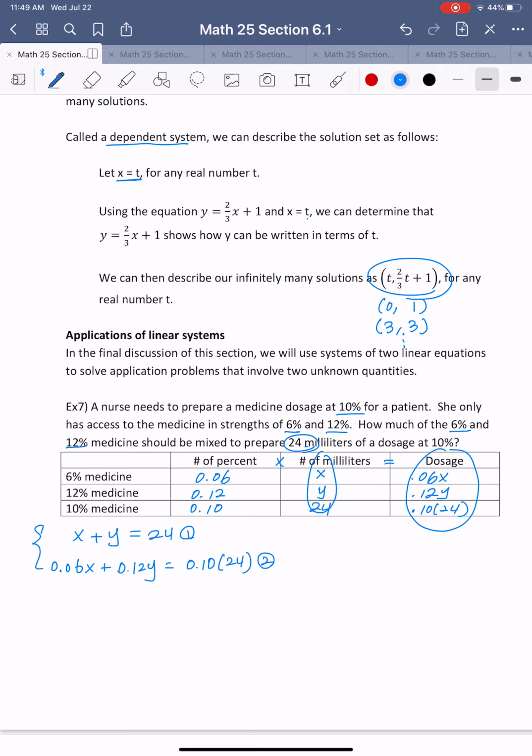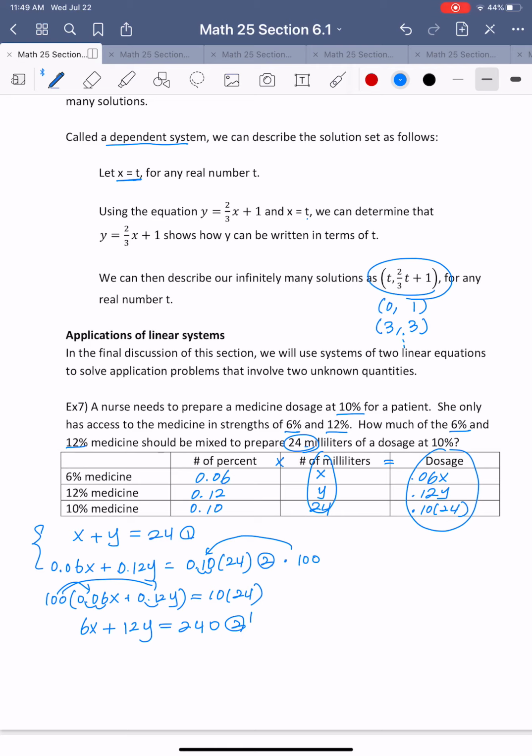And then for equation 2, I'm going to multiply both sides by 100 to get rid of all the decimal places. So 100 times 0.06x plus 0.12y equals 100 times 0.10 times 24. So if I multiply, move the decimal 2 places: 6x plus 12y equals 240, which I'm going to call equation 2 prime.